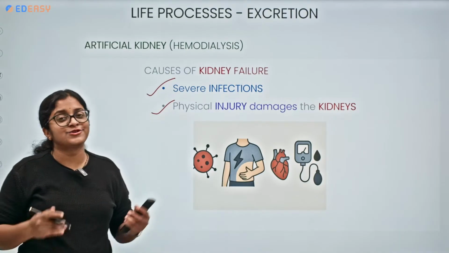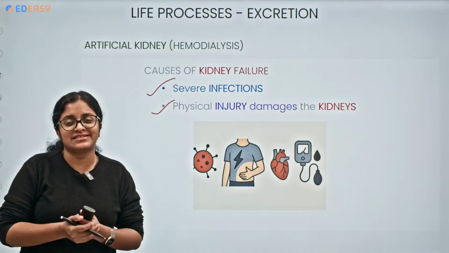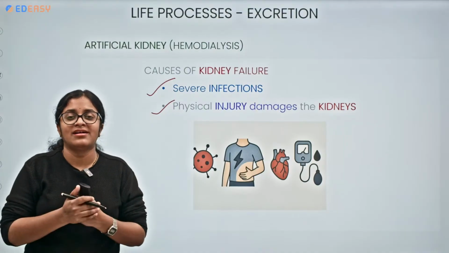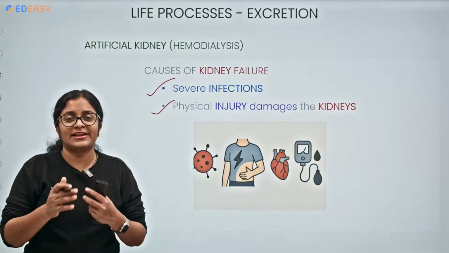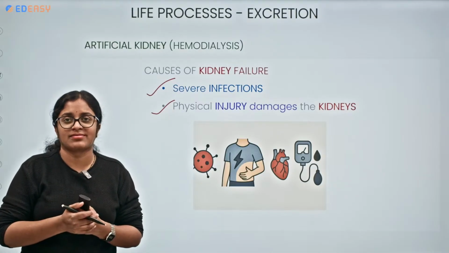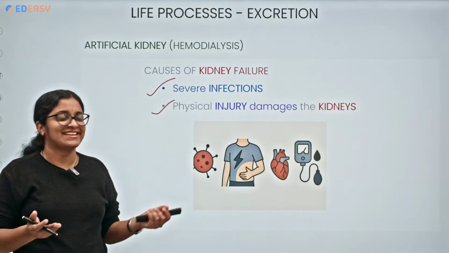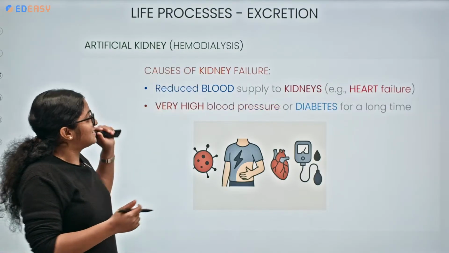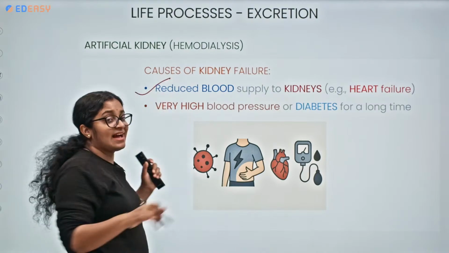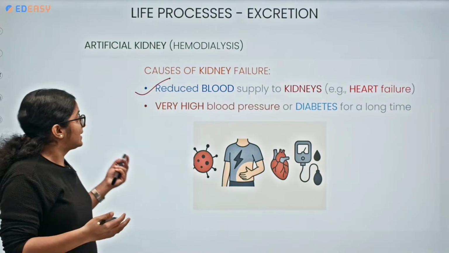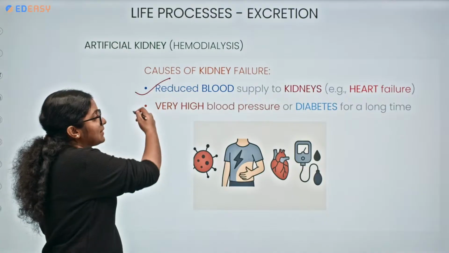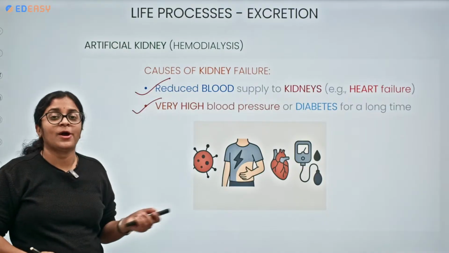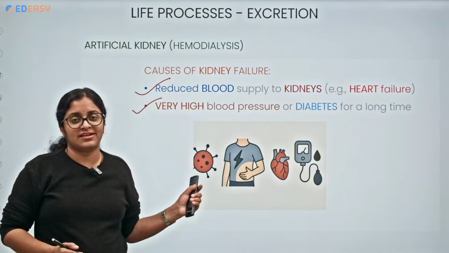Apart from that, students, what do you think? What else may be the causes for the failure of the kidney? There are many, right? There is a reduced blood supply to the kidneys. Heart failure might also cause it, and very high BP or diabetes for a longer time are also causes of kidney failure.